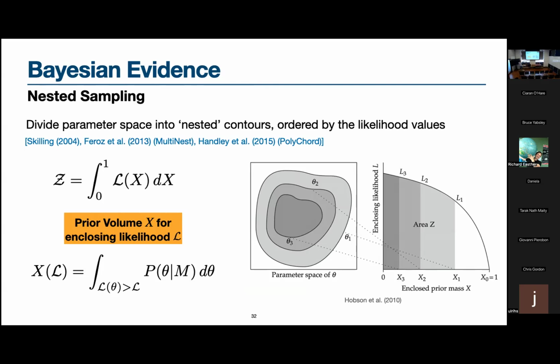And as you move inwards, or as you shrink these nested contours, you move towards likelihood values which are larger and larger. And at the end, you can just calculate the Bayesian evidence simply as the area under this curve. In practice, what people do is use codes like PolyChord or MultiNest to calculate this Bayesian evidence. This is certainly quite a complicated task.